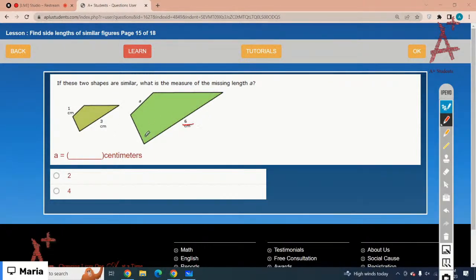It would be 6 divided by 3, and that equals a divided by 1. Just do cross multiplication and divide both sides by 3. It would be a equals 2. Got it?